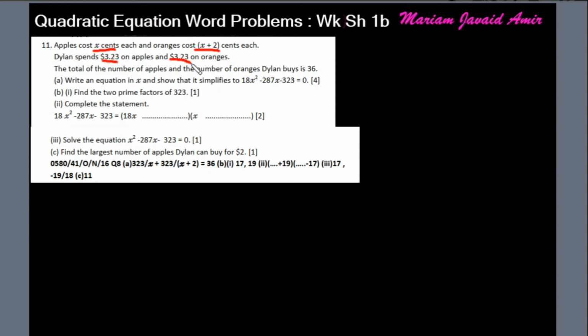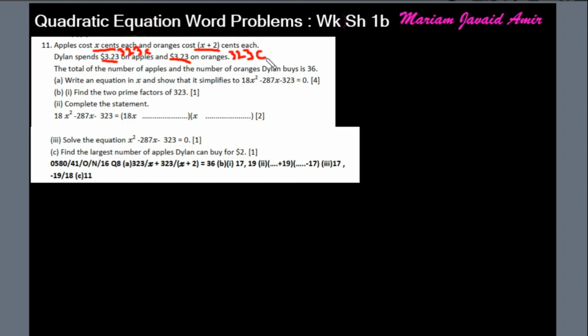Now the first problem in this question is that the first sentence has values in cents and the second sentence has values in dollars. So first we need to change dollars to cents, so we'll get 323 cents here, and similarly 323 cents for oranges as well.